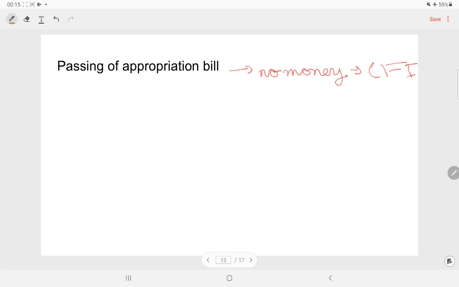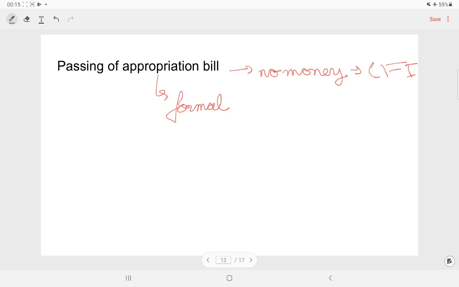So a bill should be passed. Appropriation is like a formality, that this thing is now formal, and the government is going to have this much money. Accordingly, an appropriation bill is introduced to provide for the appropriation from the CFI of all money required to meet the grants of the Lok Sabha and the expenditure charged on the CFI. All things are taken care of.